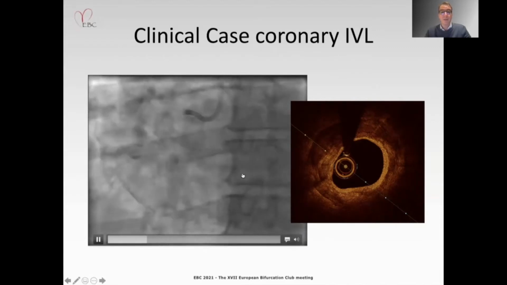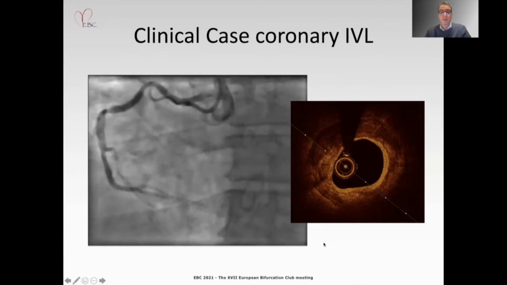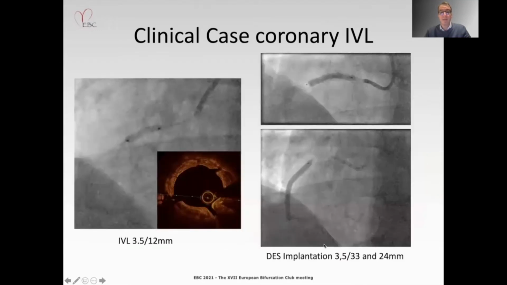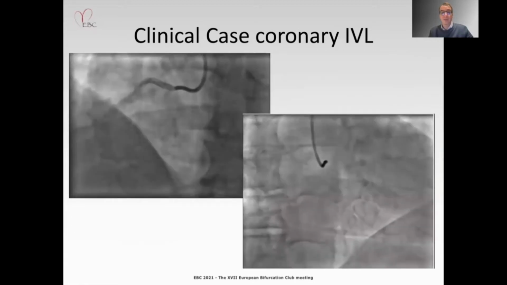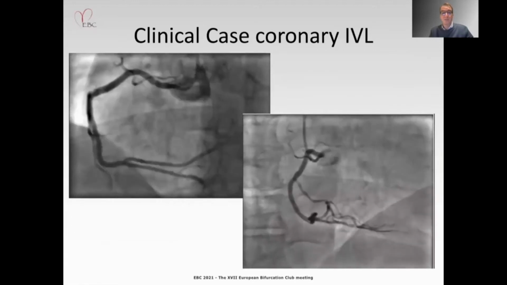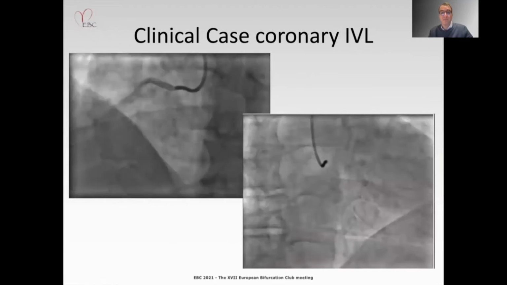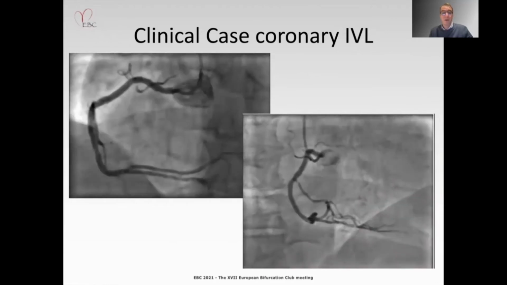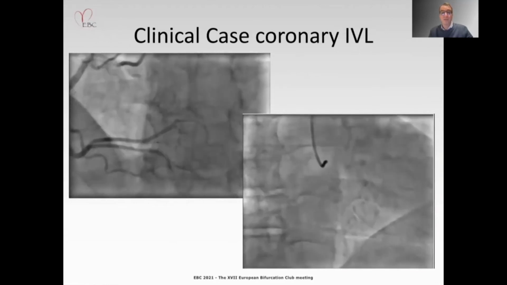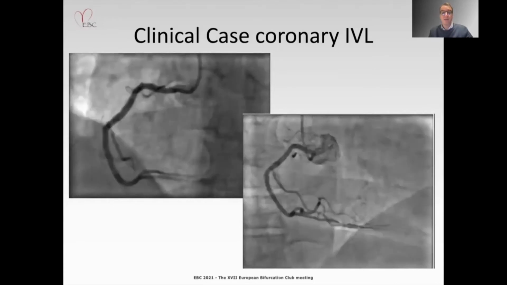And IVL treatment was then applied here in the severely calcified lesion, which results in a high compliance of the formerly stenosed vessel. So the IVL treatment leads to better vessel compliance after creating the microfractures, resulting in adequate stent expansion.